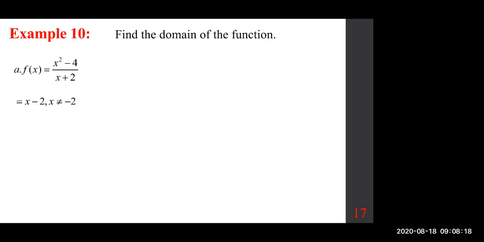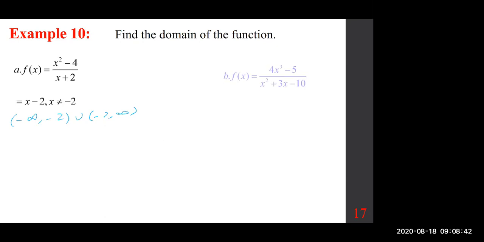You can write simply x is not equal to negative 2, or you can write negative infinity to negative 2, union negative 2 to infinity. This is the interval notation.